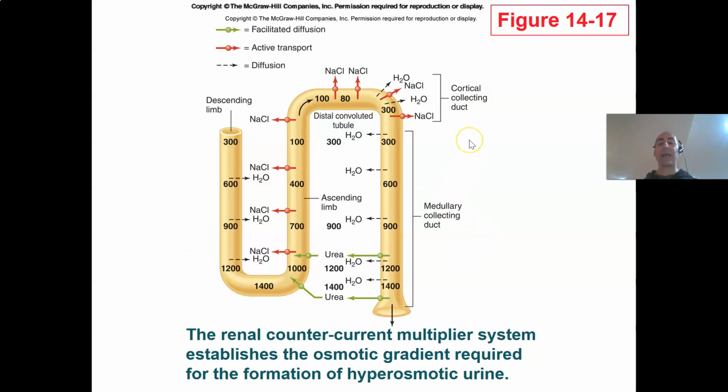What ultimately happens is because of this loop, this countercurrent, the interstitium, the area between these parts of the loop of Henle, becomes hyperosmotic.